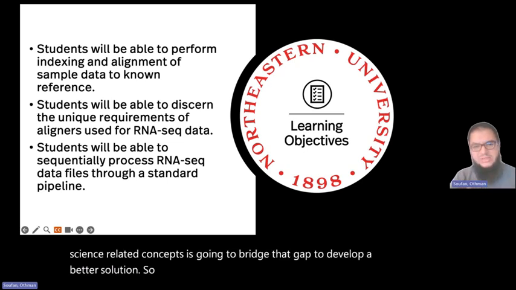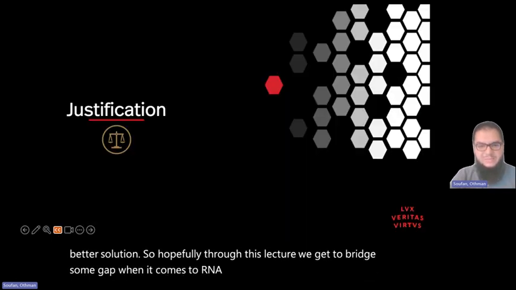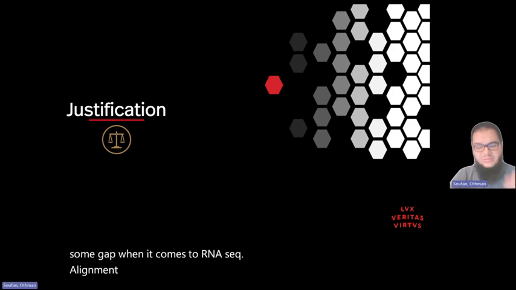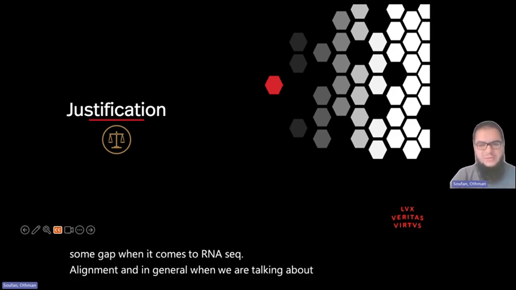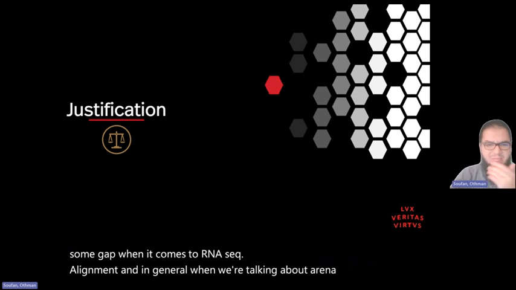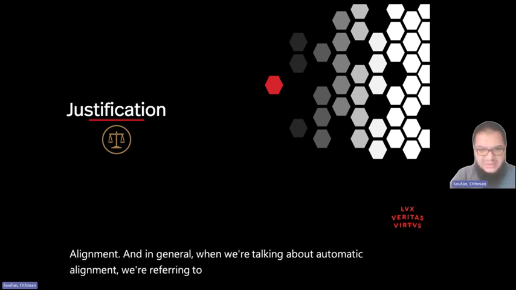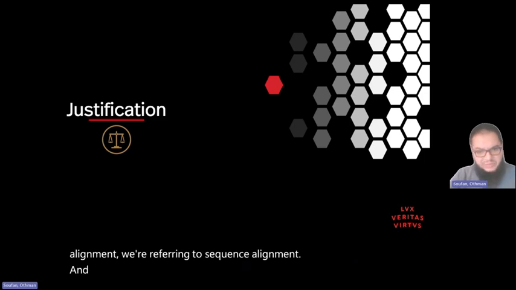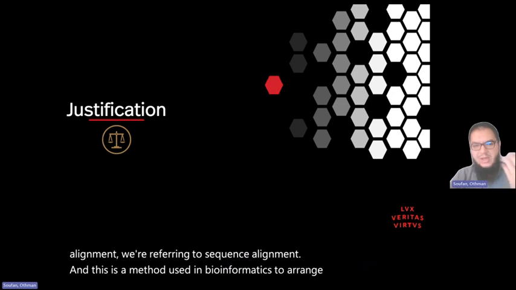So hopefully through this lecture, we get to bridge some gap when it comes to RNA-seq alignment. And in general, when we're talking about RNA-seq alignment, we're referring to sequence alignment. And this is a method used in bioinformatics to arrange biological sequences.